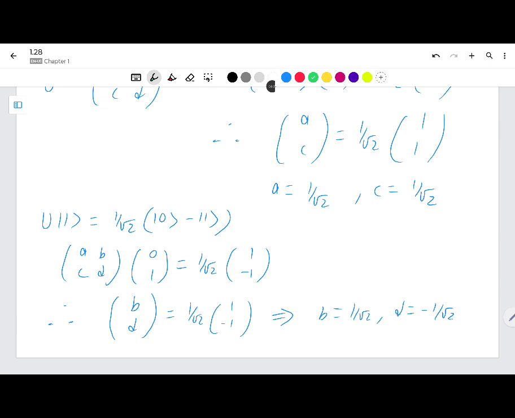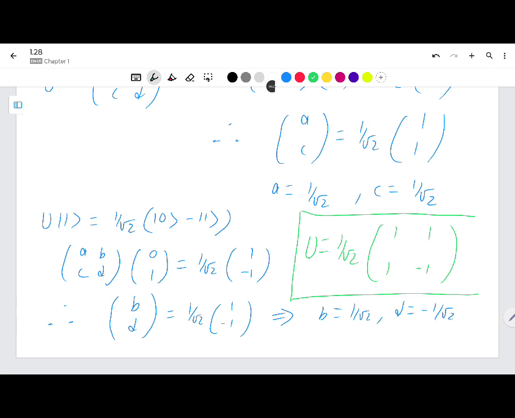So the U looks like this: 1 by square root of 2 times [1 1; 1 -1].